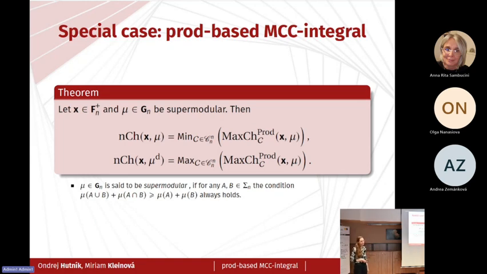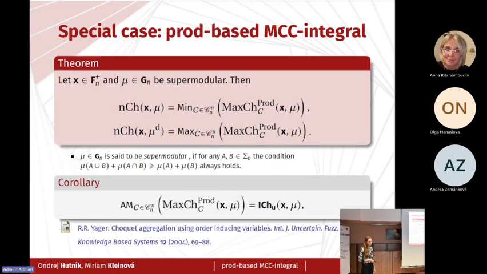And on the other hand, the biggest among MCC integrals is the complementary Choquet integral. If we replace minimum and maximum with the average mean, we obtain the induced Choquet integral, which was introduced by Jäger in this publication.